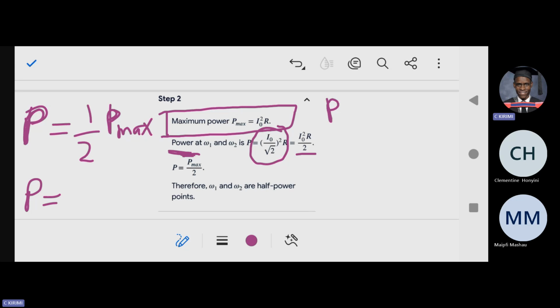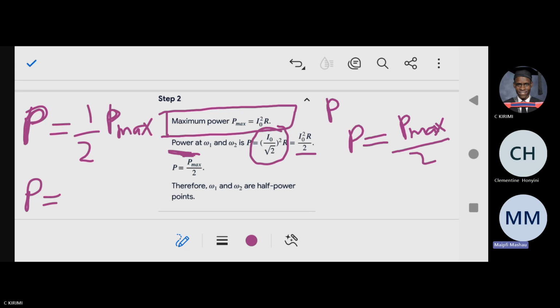So that P is equal to, where there is I naught squared R, you replace that with P max, then everything divided by 2, which is at the denominator. Then you have the same symbol there. Therefore, W1 and W2 are half power what? Points. Any question there?